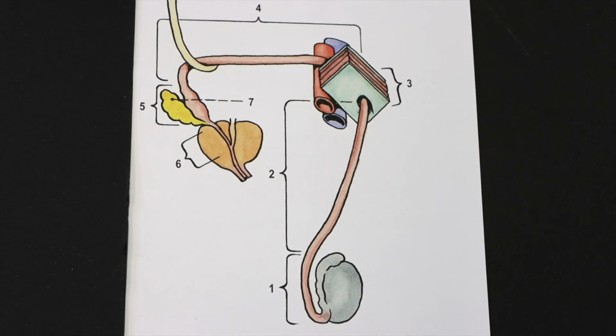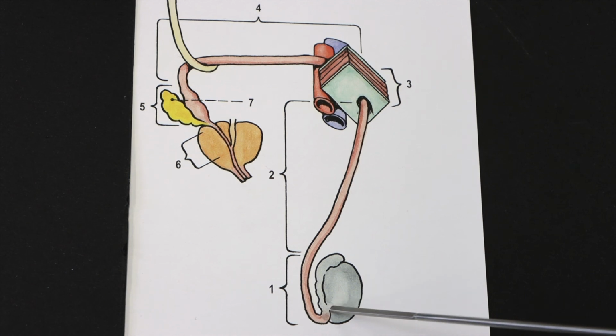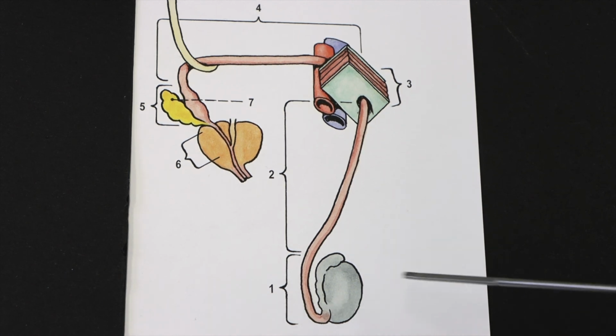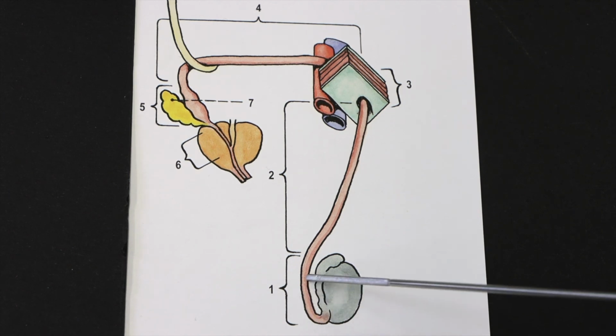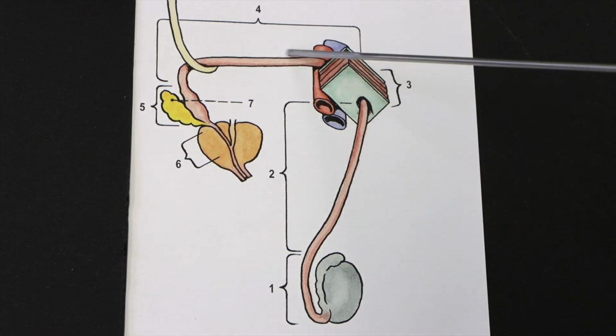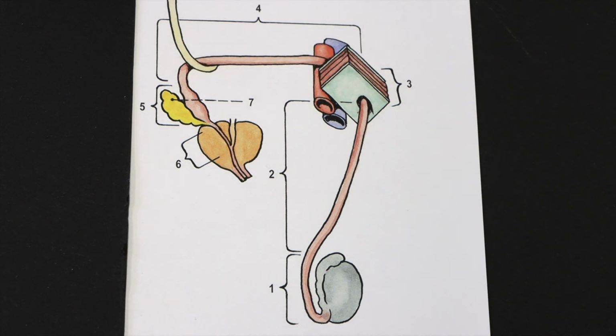So back to the place that we finished, the epididymis. The tail of the epididymis is finishing, and another part of the pathway of the sperm, which is called the ductus deferens, is starting. The ductus deferens length is variable.